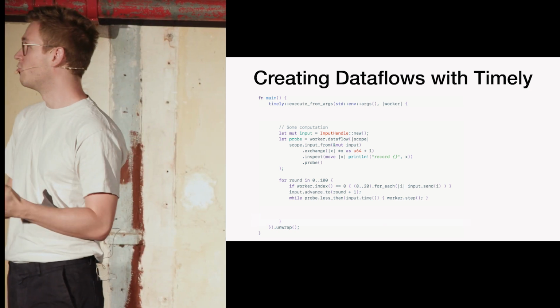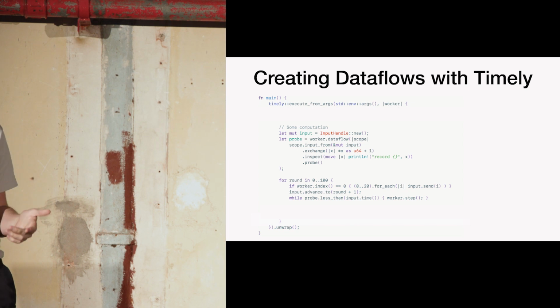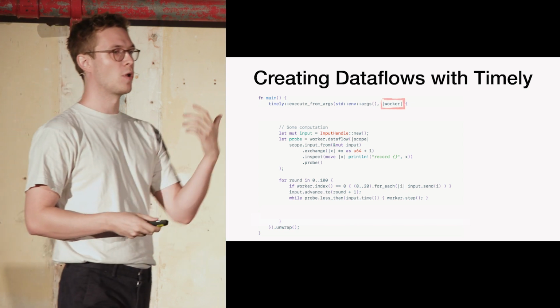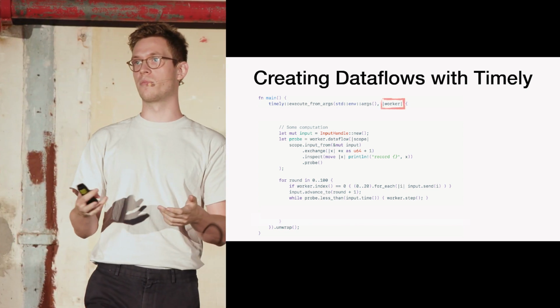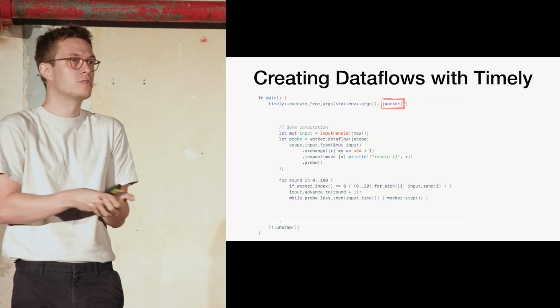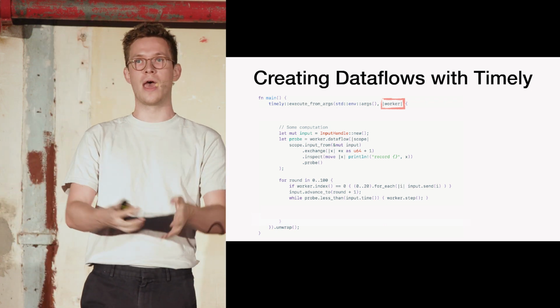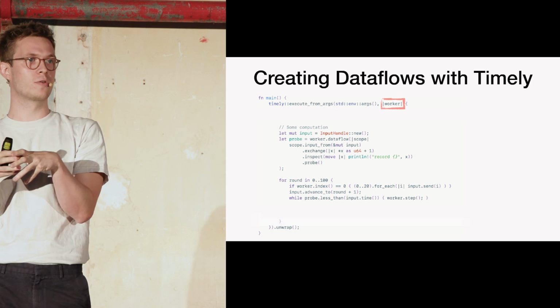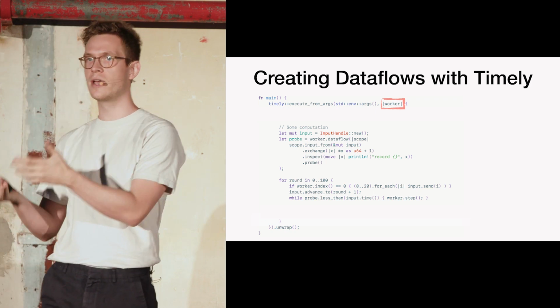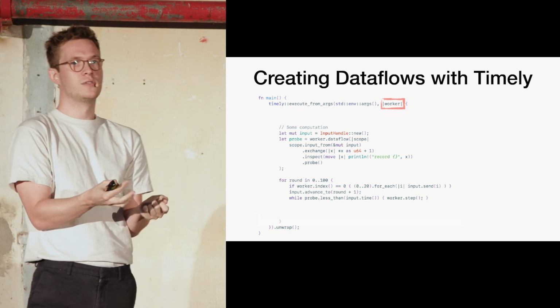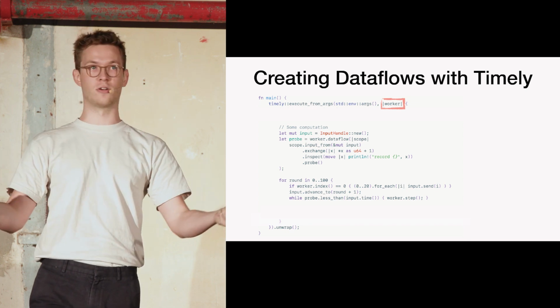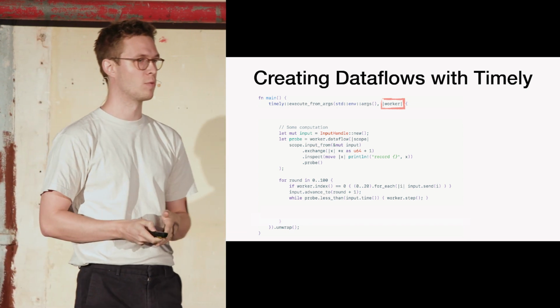So this is a real Timely data flow implemented in Rust. And the first thing to notice is that we always write Timely data flows from the perspective of a single worker. This is also a cool thing about the data flow model. At the stage where we write our computation, we don't have to care about parallelization or distribution, since we can parallelize later on. So we write from the perspective of a single worker.